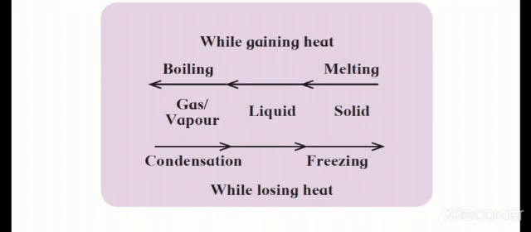Each substance has a specific melting point, which is the same as its freezing point. The temperature at which a substance boils while heating is the same as the temperature at which it condenses when it is cooled. Similarly, the temperature at which a substance freezes while cooling is the same as the temperature at which it melts when it is heated.